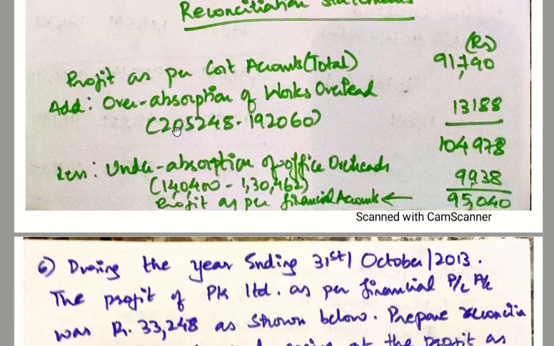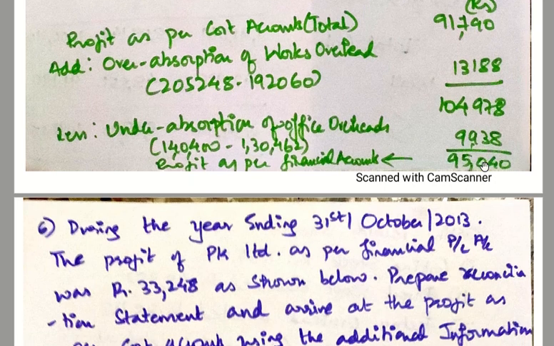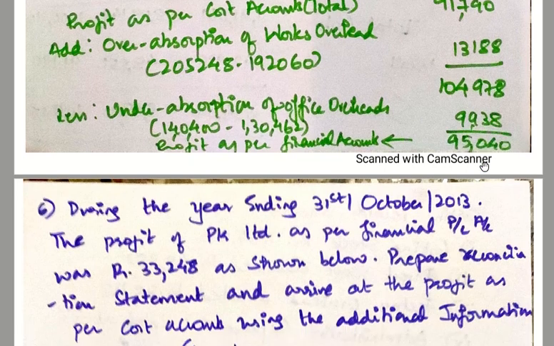So if you total it, you get 2,05,248 minus 1,92,060, which is the over absorption of works overheads. So when you add it, you get 13,188, which you're supposed to add, you get the resultant figure to be 10,49,978. Now you're supposed to minus the office overhead, which is under absorbed between cost accounts and financial accounts.